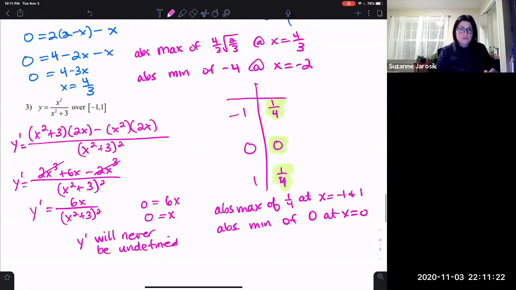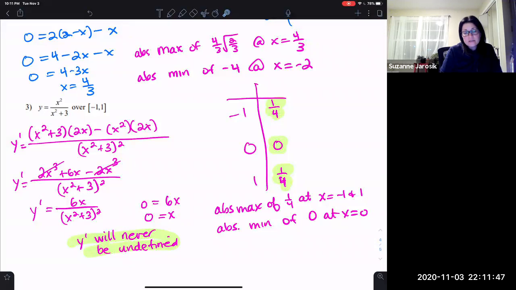But that is going to conclude our video on 4.1. If you have questions on the last one, be sure to maybe ask your teacher about it. The one thing I will point out is that I said y will never be undefined, and that is because if you look at your denominator right here, x squared plus 3 will always be a positive value.